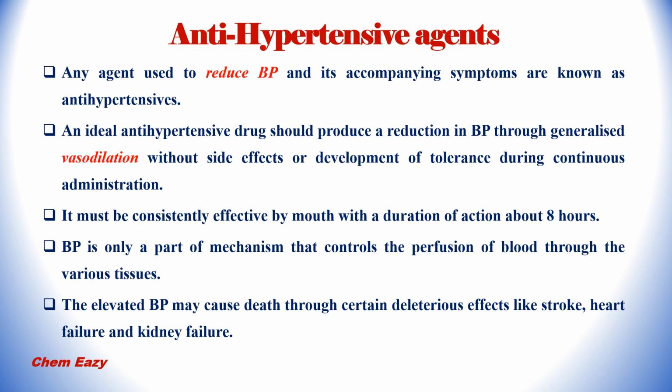It must be consistently effective by mouth with a duration of action of about 8 hours. BP is only a part of the mechanism that controls the perfusion of blood through the various tissues. The elevated blood pressure may cause death through certain deleterious effects like stroke, heart failure, and kidney failure.